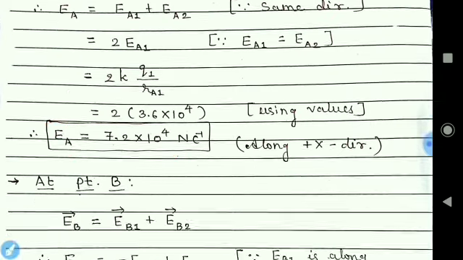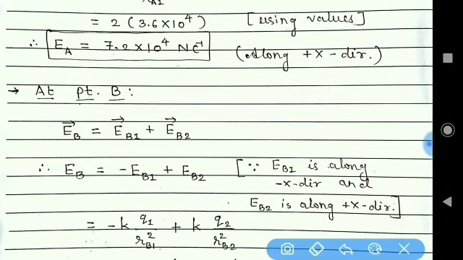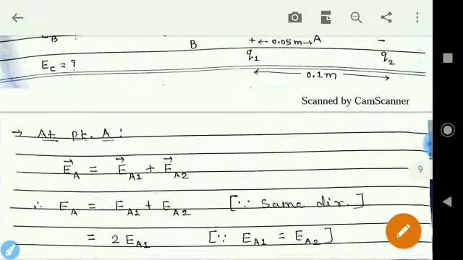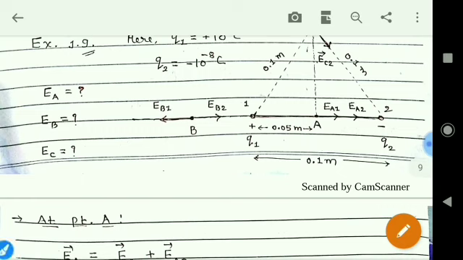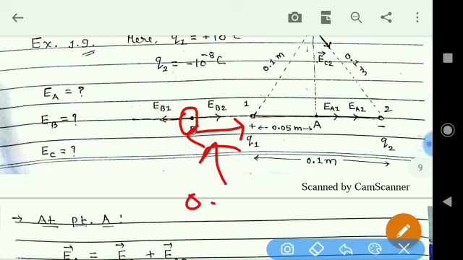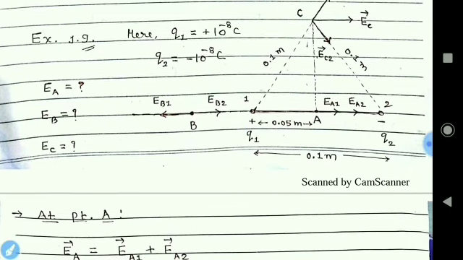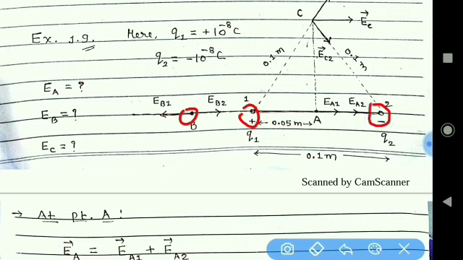Similarly, now we are going to find the electric field at point B. Here in figure it is shown that point B is kept at this point. Again the distance here is 0.05 meter. So at this point B, the electric field will be due to both the charges, that is due to charge Q1 as well as due to charge Q2.